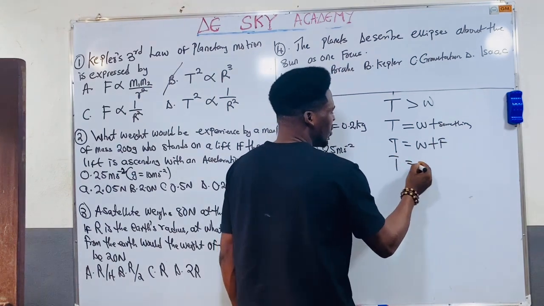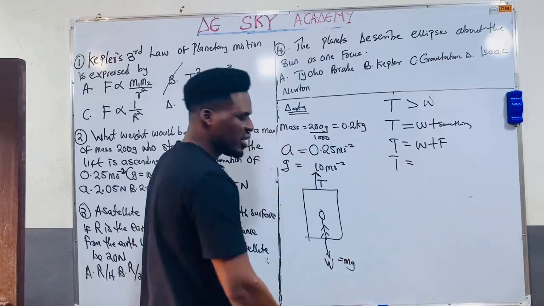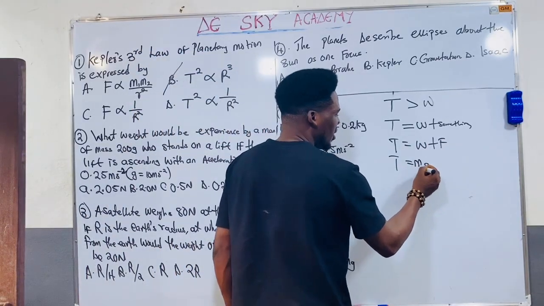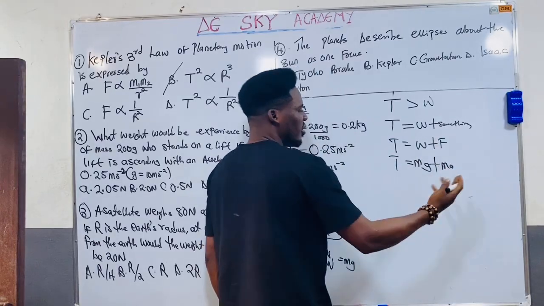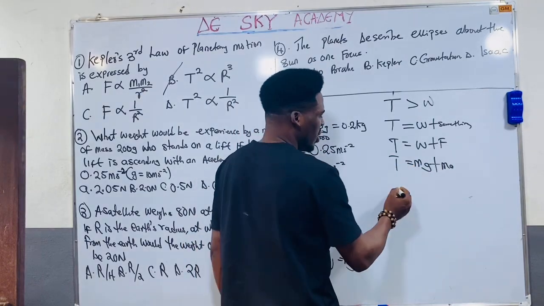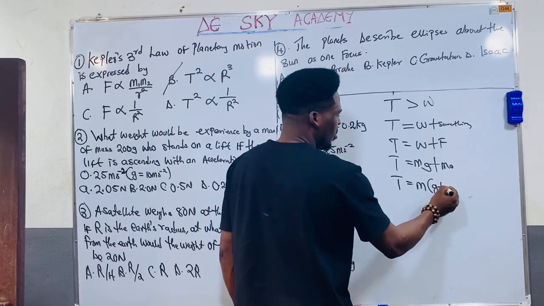And you know weight, what is weight? Weight is mg, which is mass times acceleration due to gravity, plus force, which is ma. So what is common? You discover that m is common. I will have that tension is equal to m in bracket g plus a.